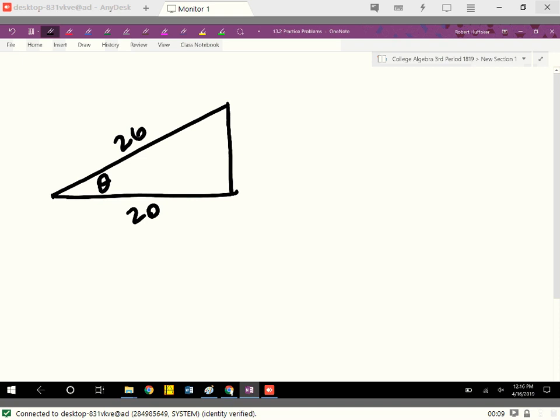Another direct inverse trig question: here's the situation. You've got an angle, an adjacent side, and a hypotenuse in a right triangle. If I've got an adjacent and a hypotenuse, that's going to be cosine.